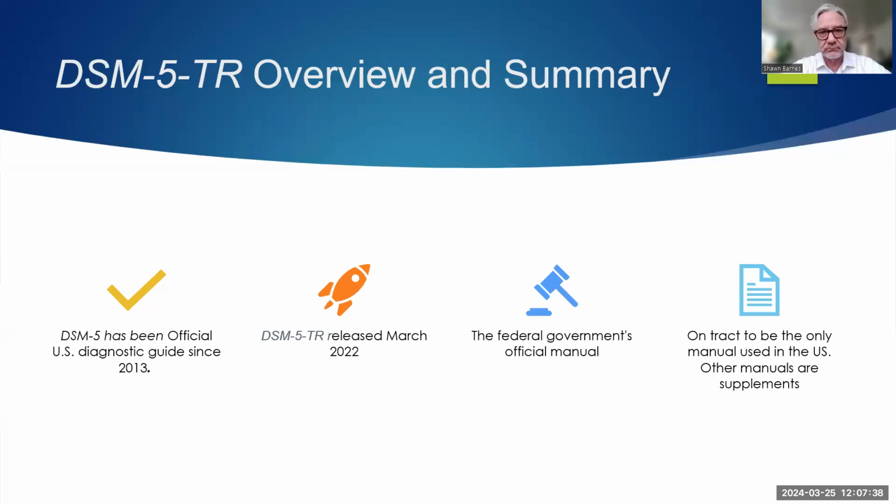There are some other manuals that were used. The ICD-10, the International Classification of Diseases, is the most well-known and the most popular because it lines up with the DSM.